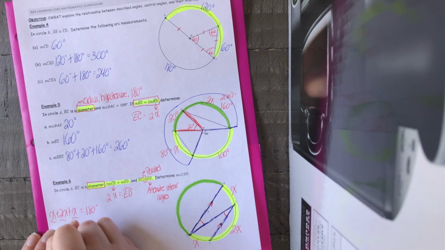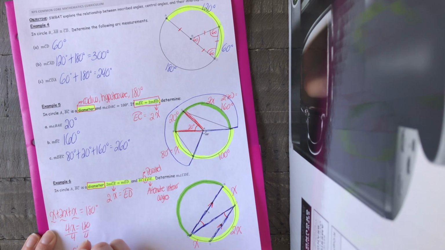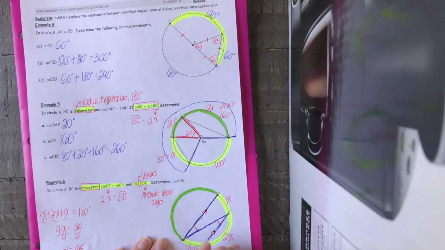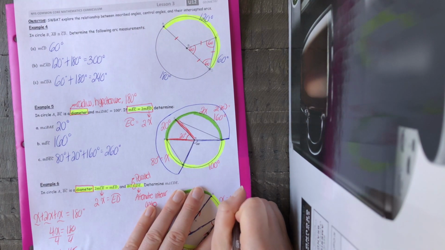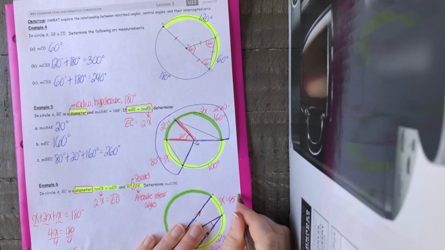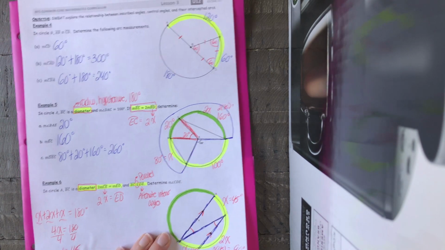When I add them, I get 4x equals 180, and when I divide by 4, I get 45. So now I'll fill that in. x is 45, x is 45, and 2x, so 2 times 45, is 90. Now I know the degree measures of all of these arcs.